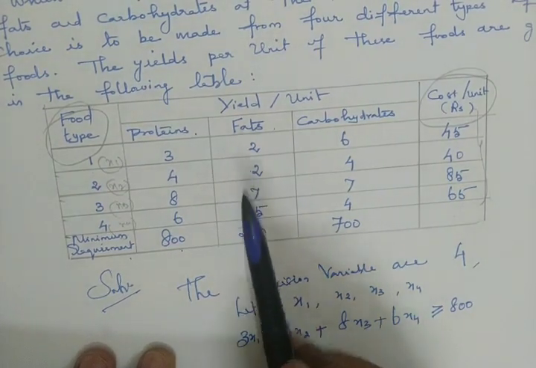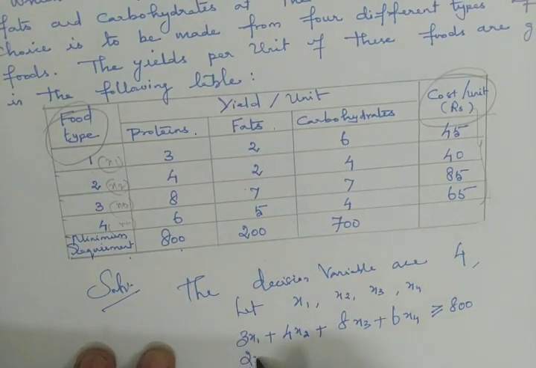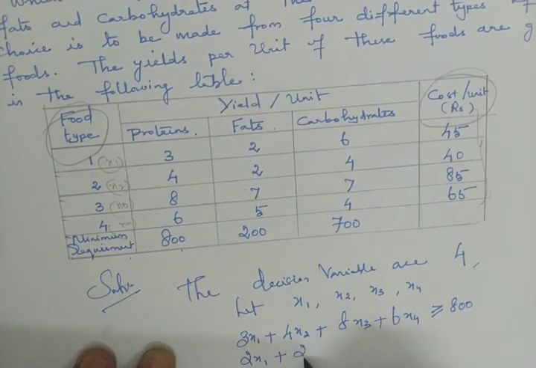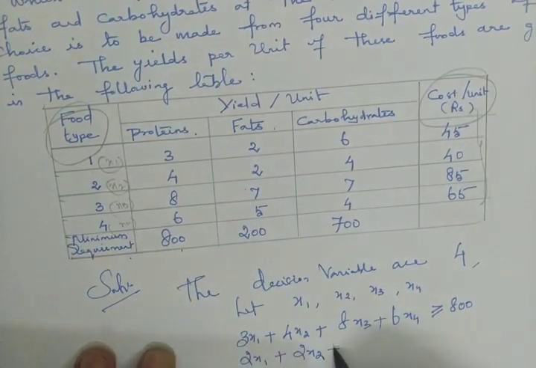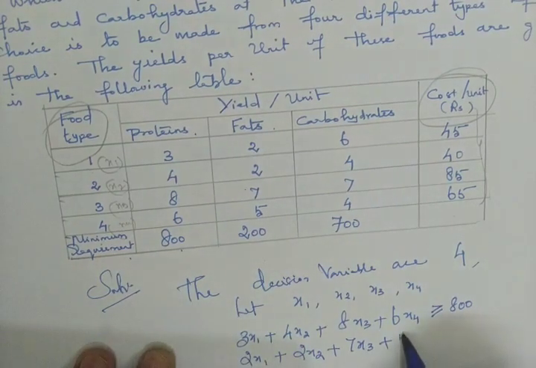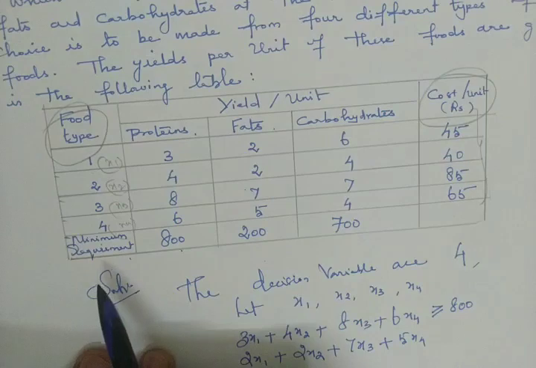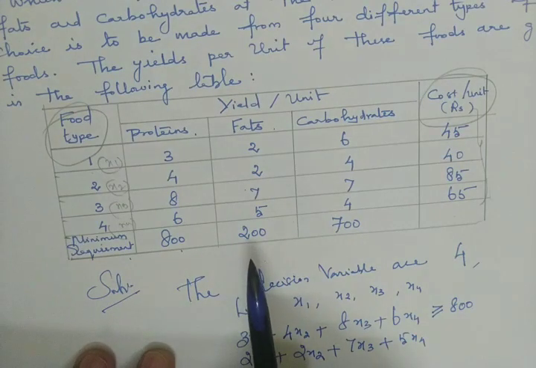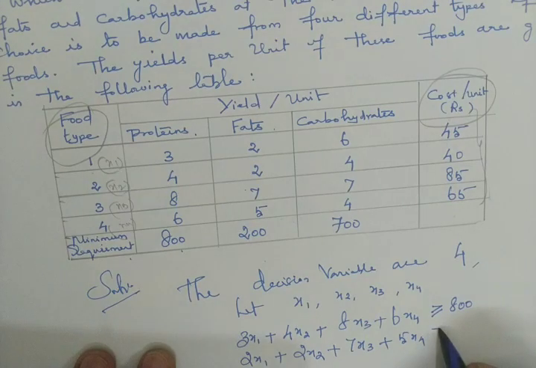Similarly for the second constraint, 2 into x1, 2 into x2, 7 into x3 plus 5 into x4. For the fat level, the minimum requirement per day is 200 units minimum. So you may take more also. So this is greater than or equal to 200.